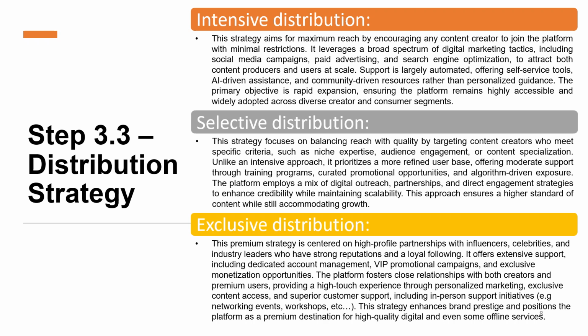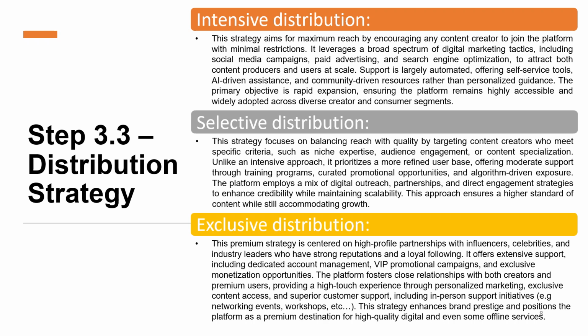The second alternative is selective distribution. It balances reach and quality, with content creators who meet specific criteria in specific niches or for specific audiences. Your objective here is to prioritize a finite user base.